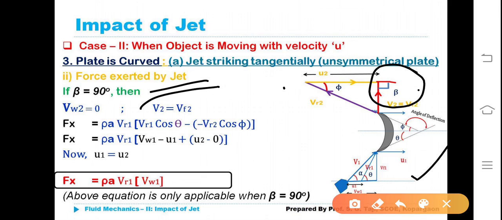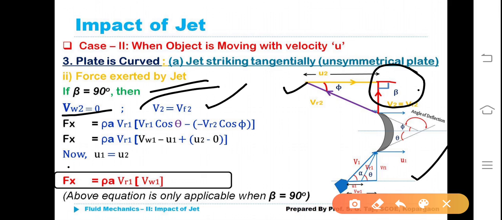This is outlet velocity triangle, wherein beta has been made 90 degree. Then Fx is equal to, so in this case what happens? From figure itself it is understood Vw2 will become 0 because it is 90 degree and V2 is equal to Vf2.